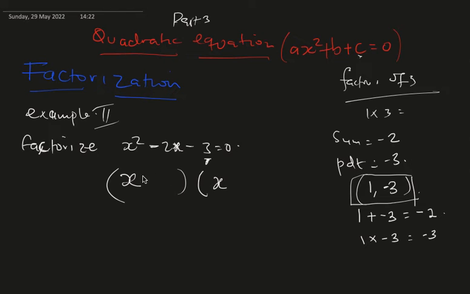So we shall say x, and since 1 is positive, plus 1, and since 3 is negative, minus 3. So here you have already factorized this equation, and I hope you understand.